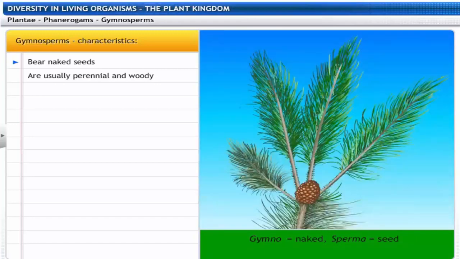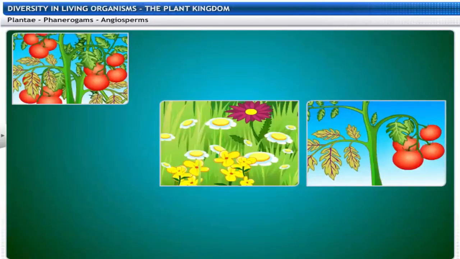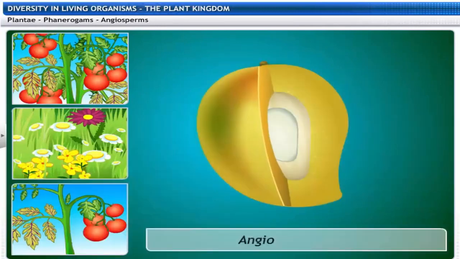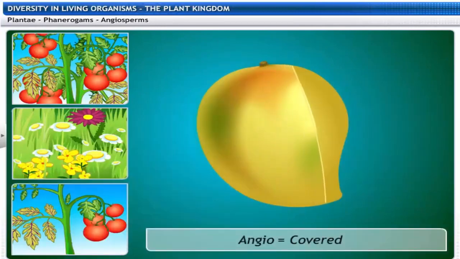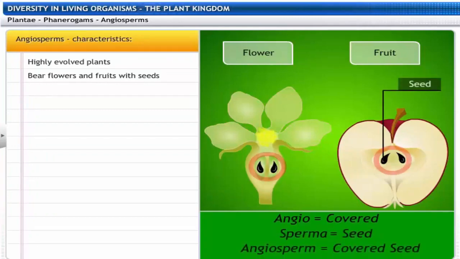As you can guess from the name, gymnosperms bear naked seeds and are usually perennial and woody. The opposite of gymno in Greek is angio, meaning covered. Hence the word angiosperm means covered seed.